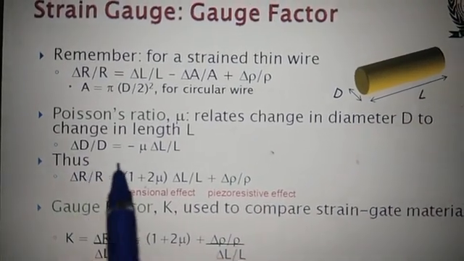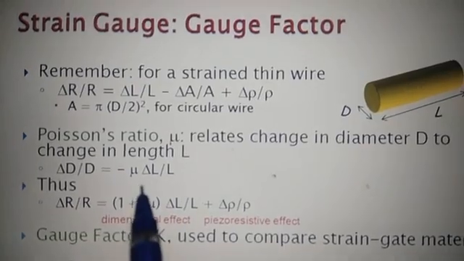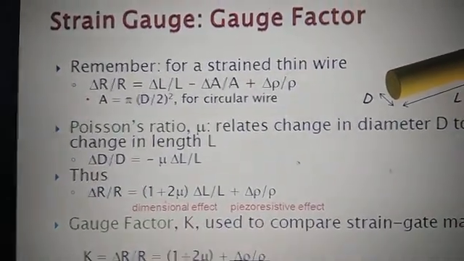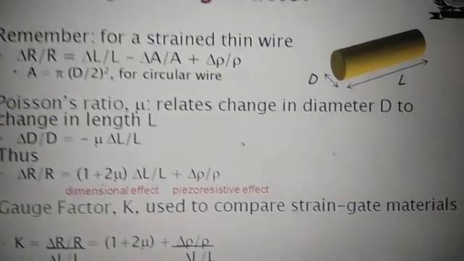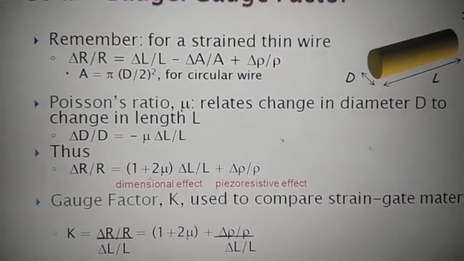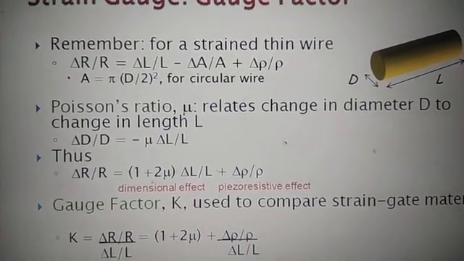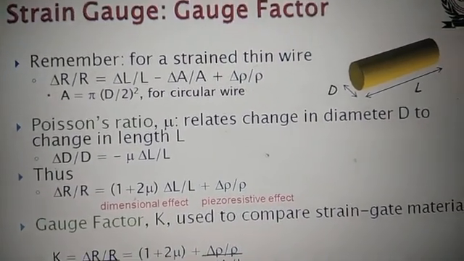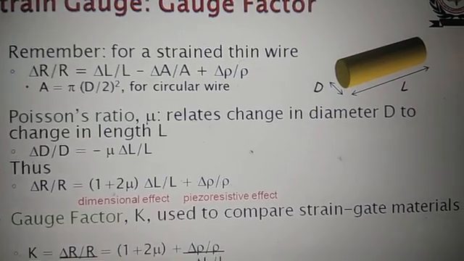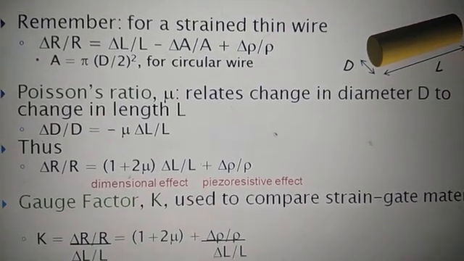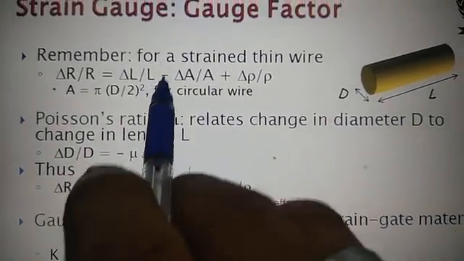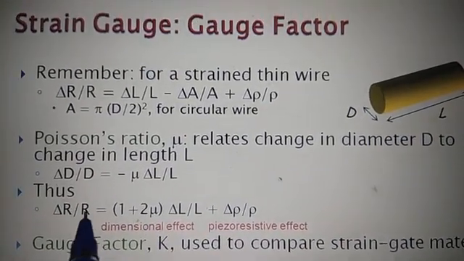And this delta D by D is equal to minus mu into delta L by L. Delta D by D is the change in diameter upon original diameter, is equal to minus mu, where mu is the Poisson's ratio, and delta L by L is the change in length upon original length. Thus, we can write this equation in terms of Poisson's ratio.